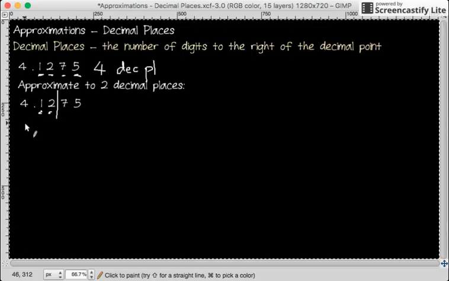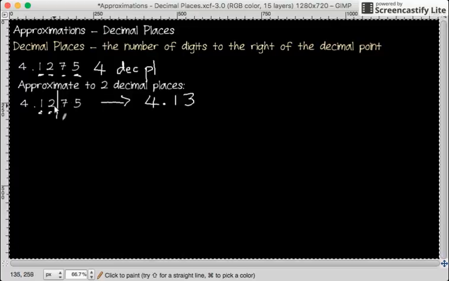So we write it as 4.13, because that 7 was closer to the 3. The whole number is closer to 4.13 than it is to 4.12. If it were lower than 5, because 5 is the middle point, then we would just leave that 2 as it is, because that would mean it was closer to 4.12.